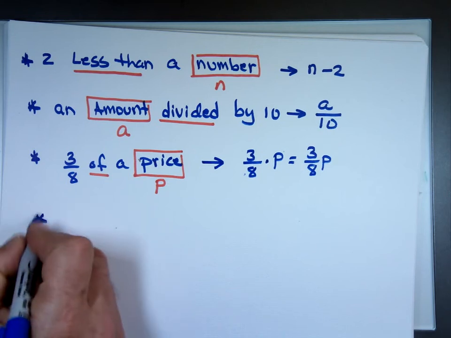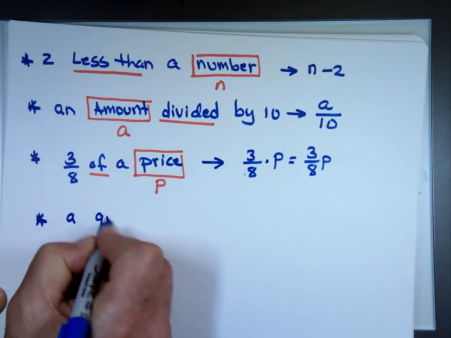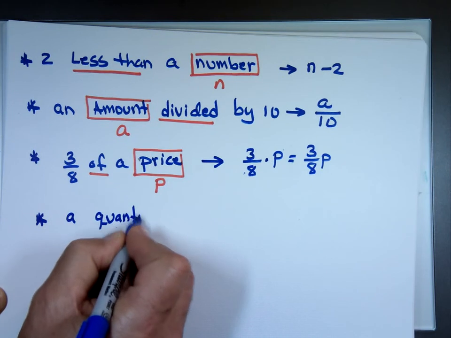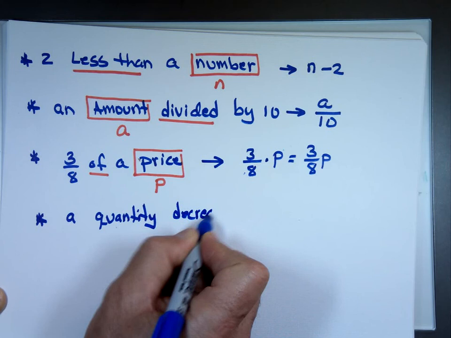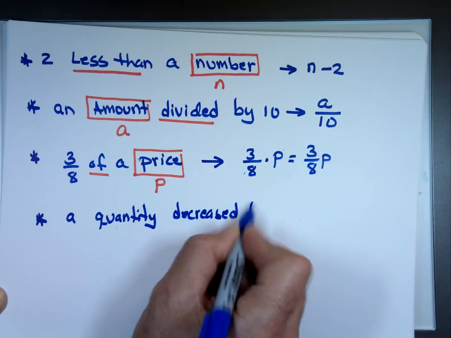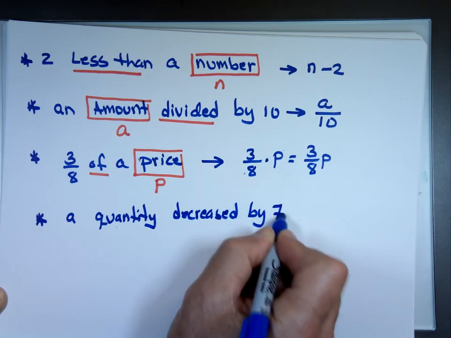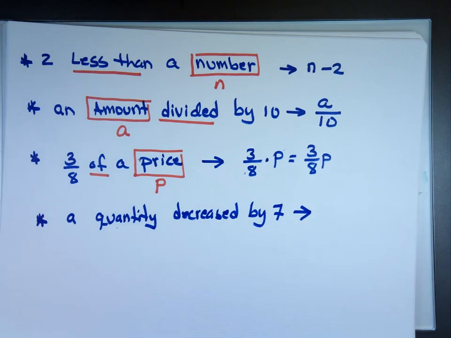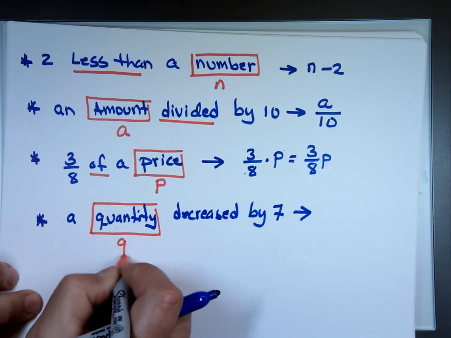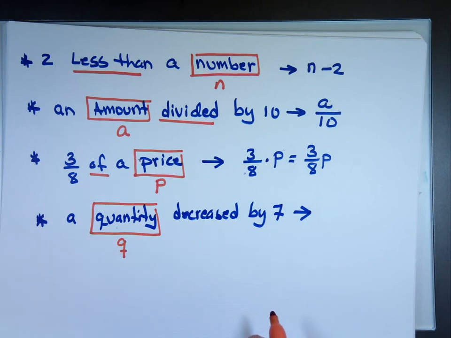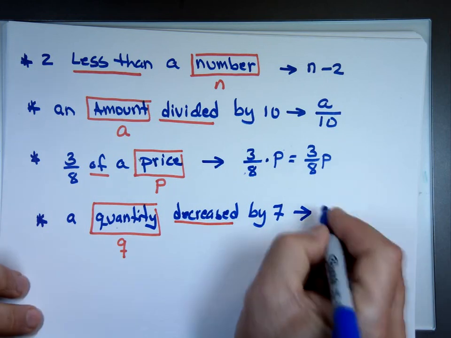A quantity decreased by 7. Quantity, Q. Decreased, yep, Q minus 7.